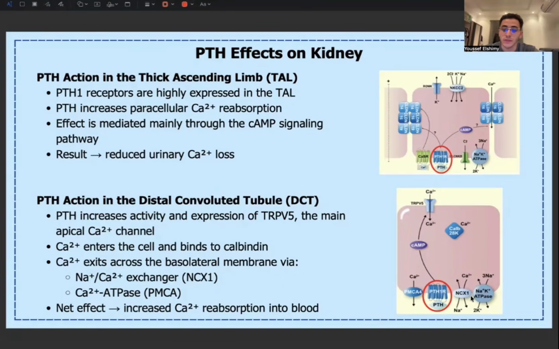We have the sodium calcium exchanger, which is also called NCX1, and we have the PMCA4, which is also called calcium ATPase. So overall, this process requires ATP, and as a net effect, there would be increased calcium reabsorption into the blood. So to summarize, it would lead to expression of a lot of channels, and these channels would lead to the reabsorption of calcium as well as reduce the urinary calcium loss.